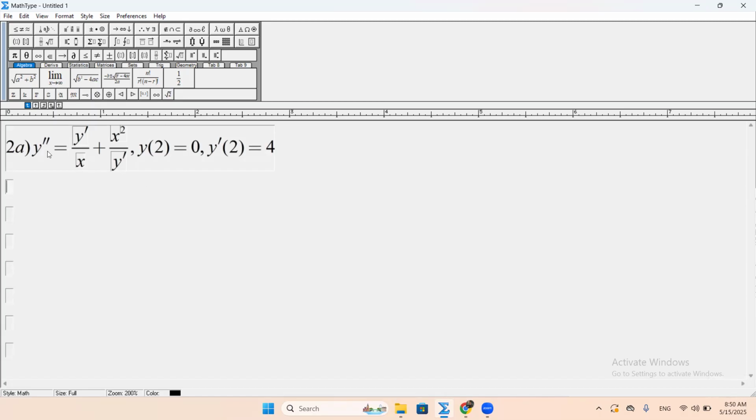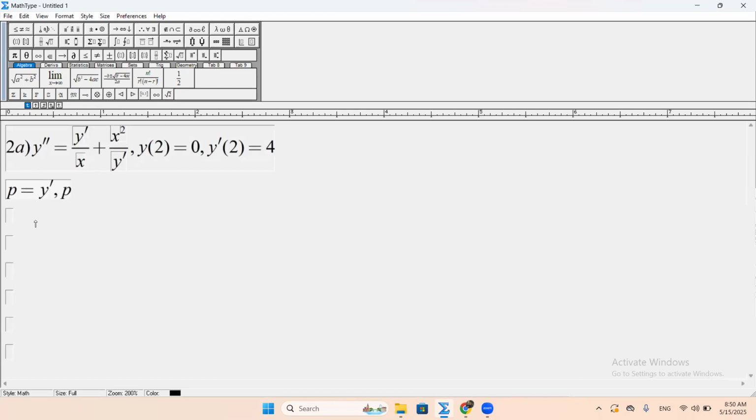So how to solve this equation? As we can see, we have no function y itself in this equation, so no zero derivative, so we can do the substitution p equals y prime.